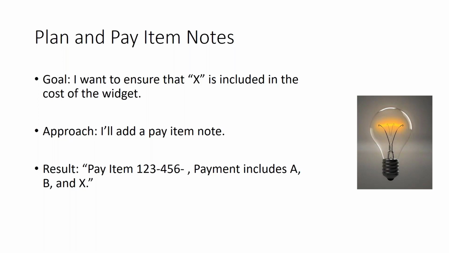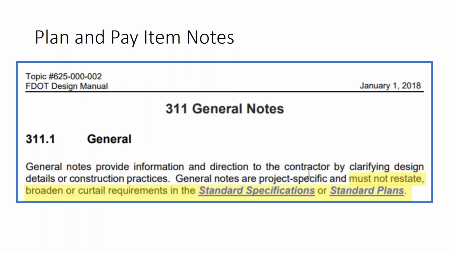Sounds like a great idea, but please be reminded that in our FDM we do require that notes do not restate, broaden, or curtail requirements in the standard specifications or the standard plans.